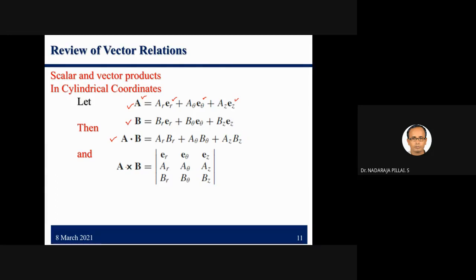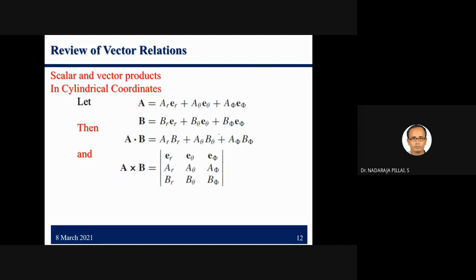Again, in the cylindrical coordinate system, A cross B can be represented by er, eθ, ez, and then Ar, Aθ, Az, and Br, Bθ, Bz. And you can expand later. Now, we can go to the spherical coordinate system. The only difference is r, theta, and phi, and we can represent A dot B and A cross B. So this is the basic information on the vector relations.